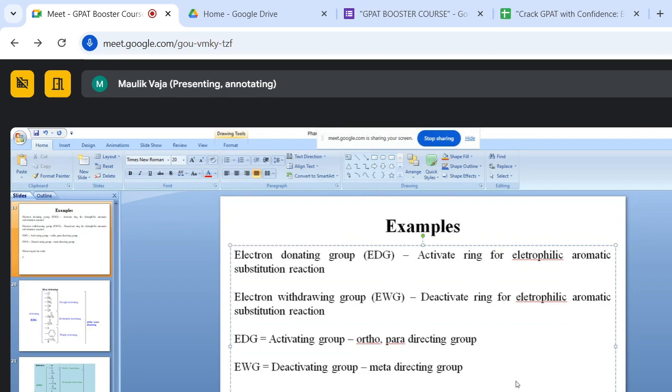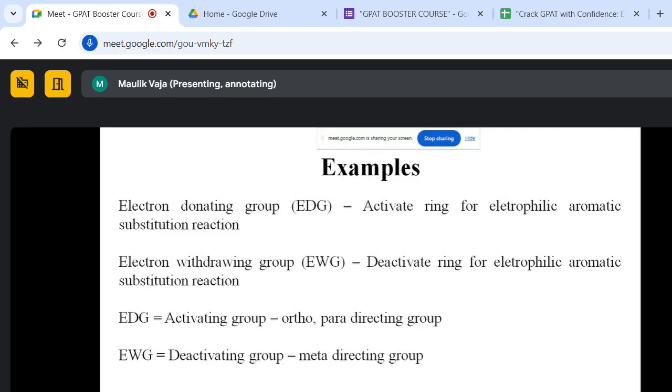So fluorine is the highest electronegative, then oxygen, then nitrogen, then carbon is equal to sulfur, and the lowest electronegative is hydrogen. So this is the electronegativity order. Fluorine is the highest electronegative, then oxygen, then nitrogen, then carbon, and last one is hydrogen.